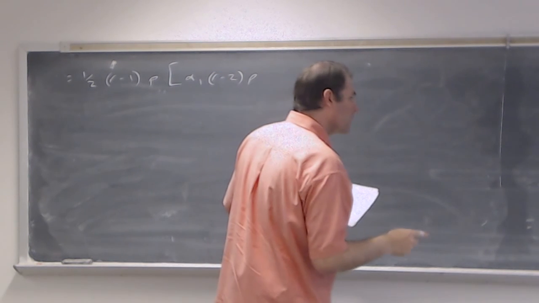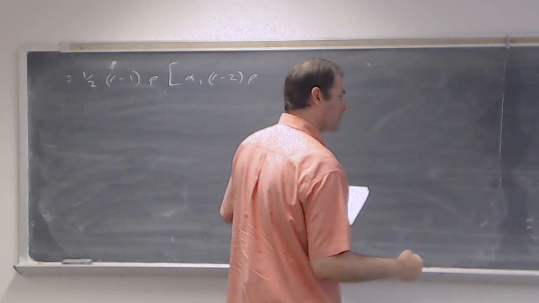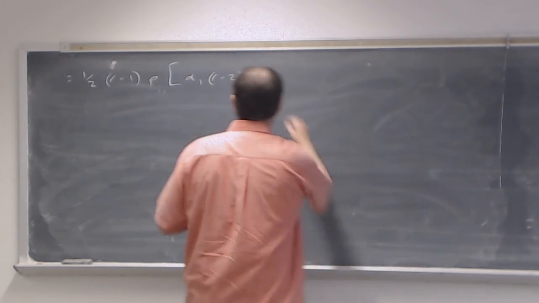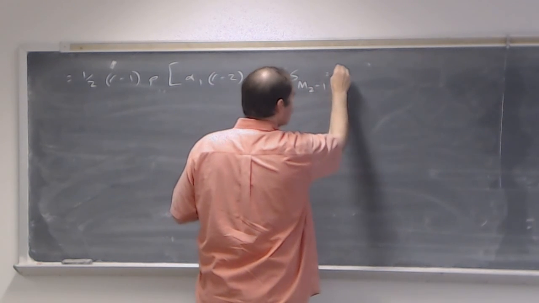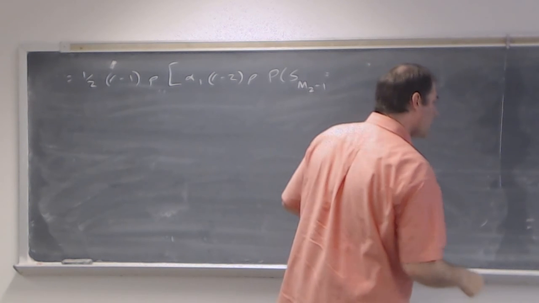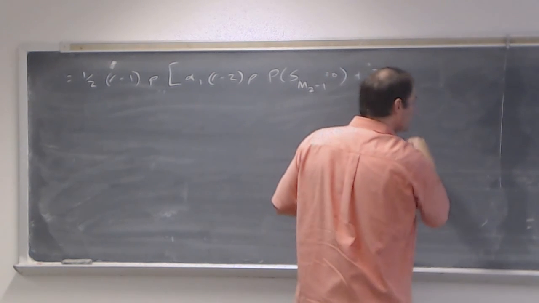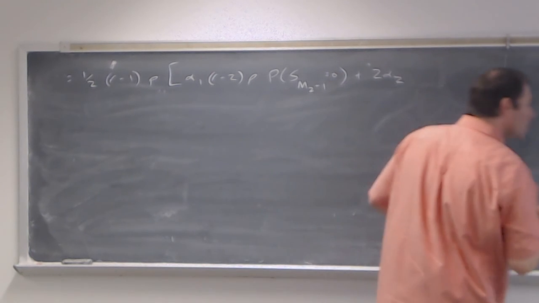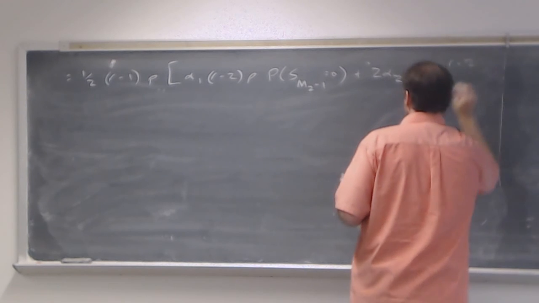And then there's one more term in this sum here. And so it's the probability, I'm going to write this down, that S of M sub 2 minus 1 is equal to 0. That's what this would be. Plus 2 times alpha sub 2, and here this is 1 minus P raised to R minus 2.